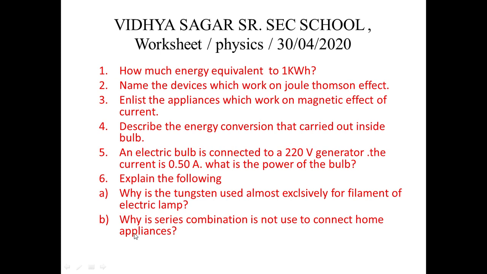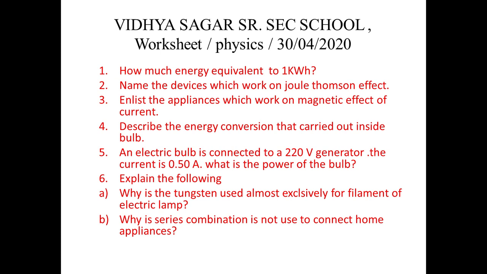Now another, question 6b. Why is series combination not used to connect home appliances? Because of two reasons. One is, as per our previous knowledge, in case of series combination the resistance must be high, so we do not use the series combination for connecting home appliances.